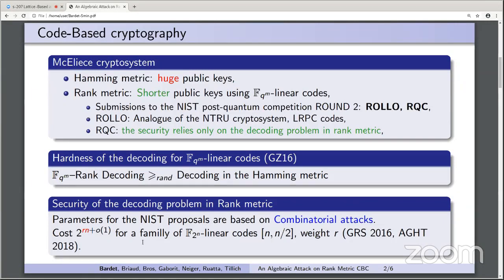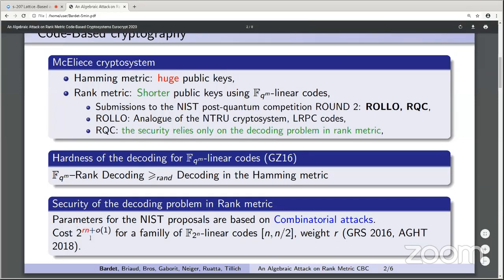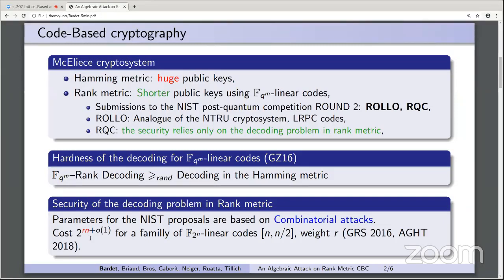Up to now, the parameters in the NIST proposal were based on combinatorial attacks that were the best known attacks. And the cost, if we have a family of linear codes over F_{2^m} of length n and dimension n over 2, and we want to correct an error of weight r, then the cost is 2 to the r times n. And we will see that using algebraic attacks, we can do much better than this.